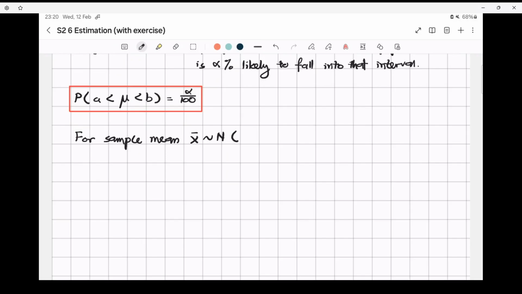So this kind of assumption is used when you calculate your confidence interval. So your mu is your population mean, and your sigma is your population standard deviation. So for sample mean, we know that the population variance is given by sigma squared divided by n. Alright?